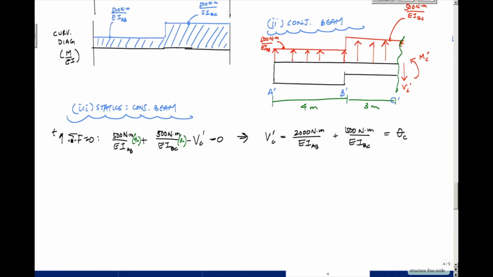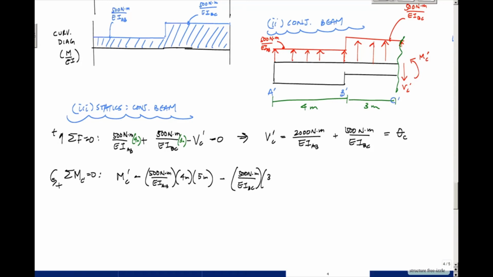And so here, if I sum moments now about point C prime equal to 0, and I'll say this is positive right here, I would get MC prime minus 500 Newton meters over EIAB times 4 meters, which represents the resultant, times the arm, which is 3 plus 2 is 5 meters, minus 500 Newton meters over EIBC times 3 meters times 1.5 meters, which is the arm here.